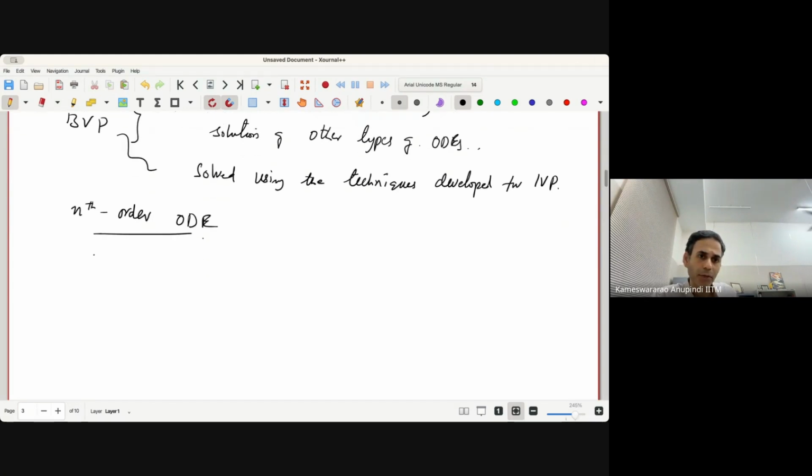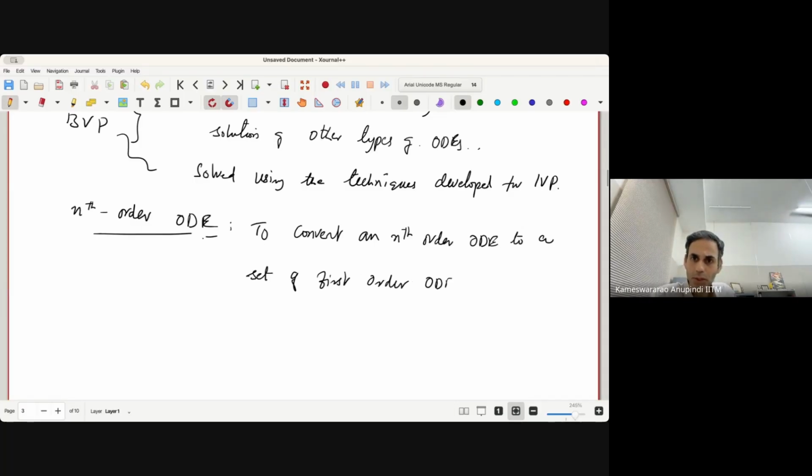Now, it is possible to convert an nth order ODE to a set of first order ODEs. That means if you are given an nth order ODE, we can convert it to n first order ODEs.